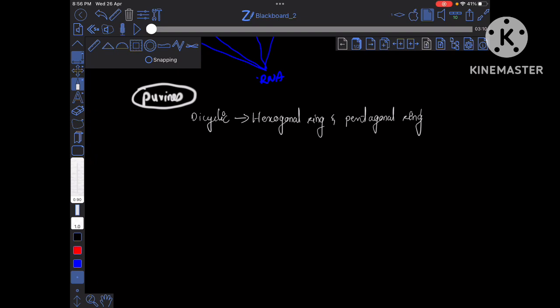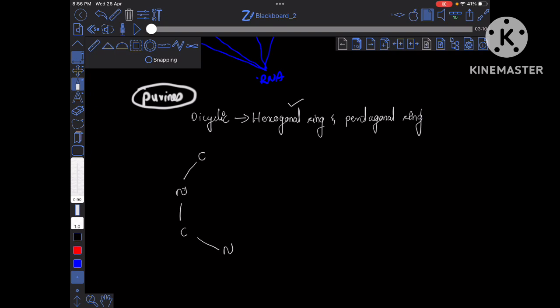First I am going to draw the hexagonal ring. The left side of the ring carries alternate carbon nitrogen residues. So here carbon, then nitrogen, then carbon, and then nitrogen. So this is the left side of the hexagonal ring.